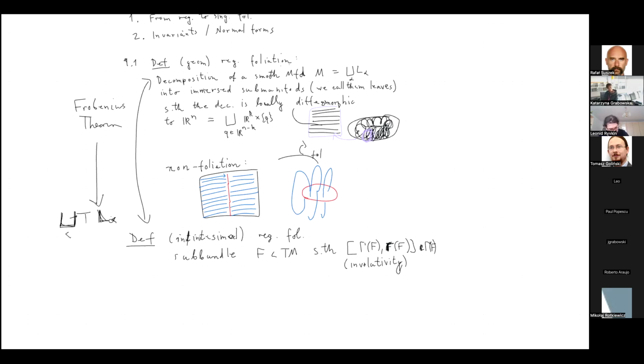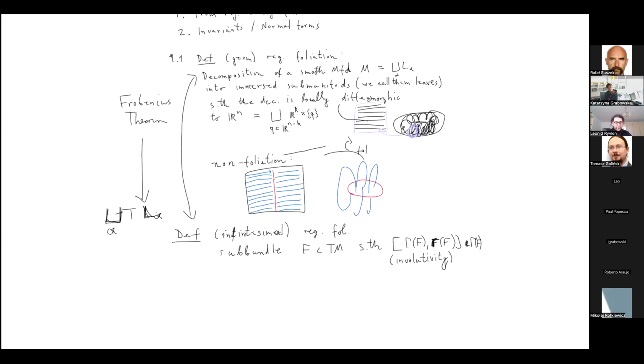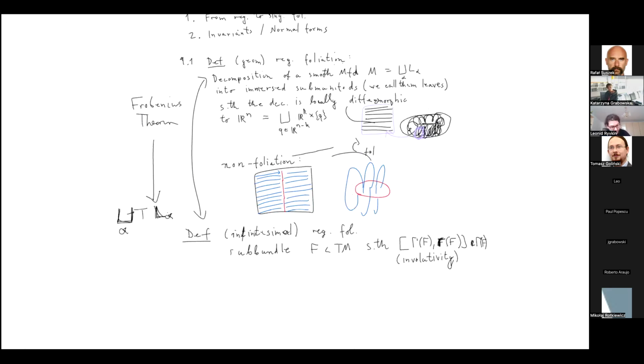And this will be a priori just some set in TM, but because of the local triviality, it's actually a subbundle and even an involutive one. Starting from F, in order to get the geometric foliation, we have to follow flows of vector fields in F.